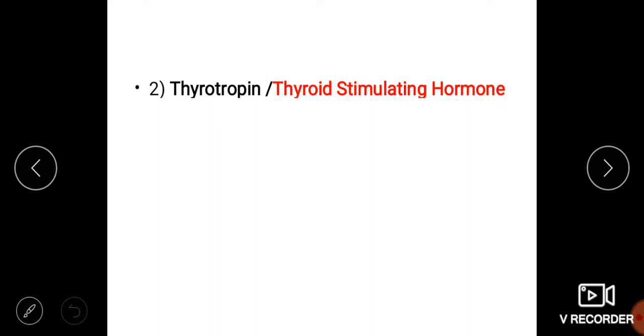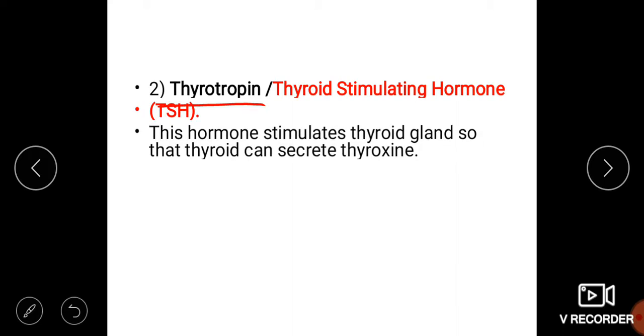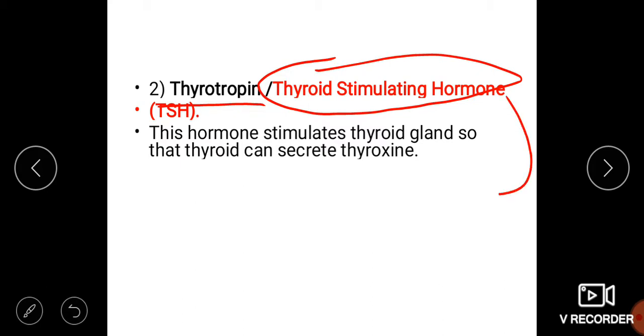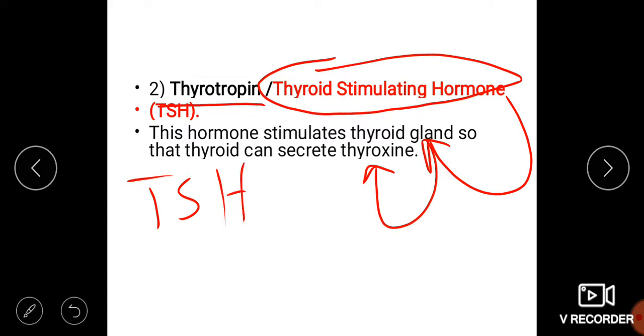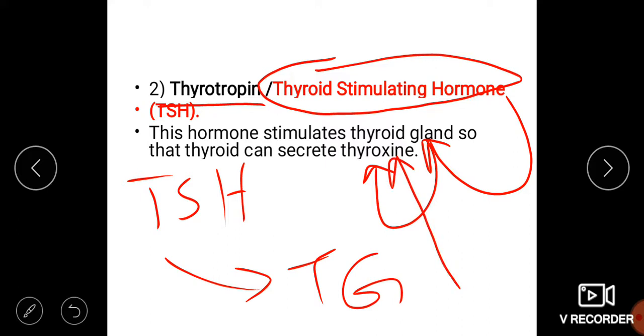The second hormone is thyroid stimulating hormone, or thyrotropin, or TSH. This hormone stimulates the thyroid gland so that it can secrete thyroxine. TSH produced by the pituitary gland will stimulate the thyroid gland so that the thyroid gland will be able to produce thyroxine.